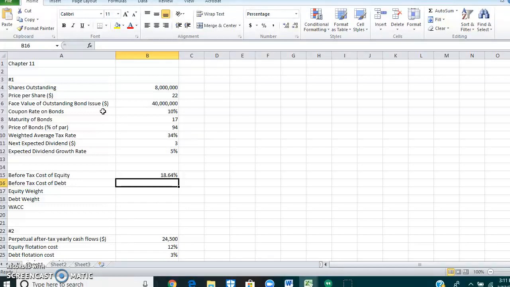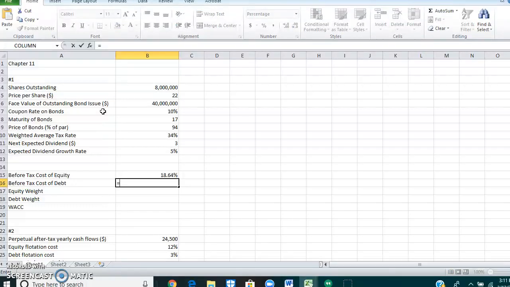The before tax cost of debt is the rate of the maturity of bonds, the negative face value of the outstanding bond issue, times the coupon rate and the price of bonds, divided by 100 times the face value of outstanding bond issues, minus the face value of outstanding bond issues.